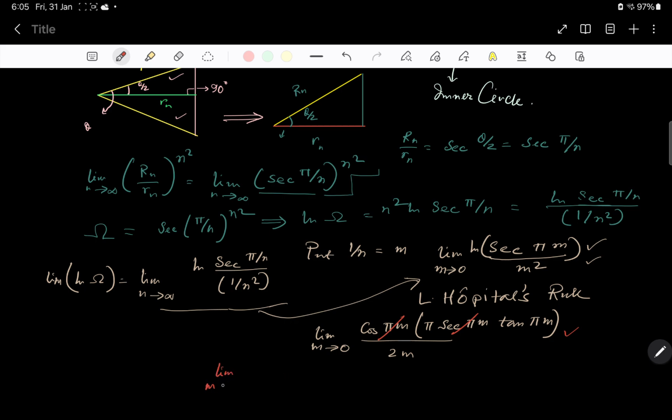the limit as m goes to 0 of pi by 2 sine pi m by m multiplied with sec pi m.